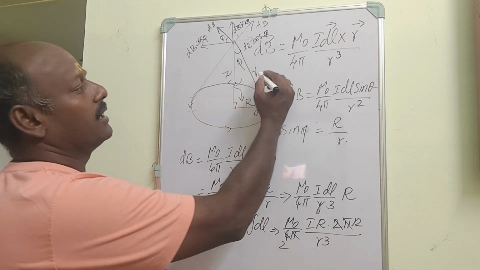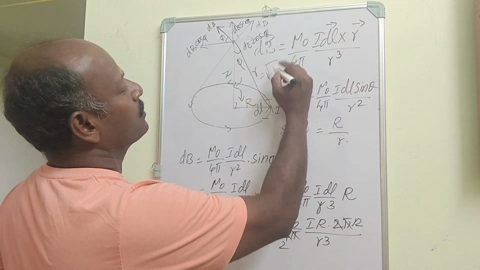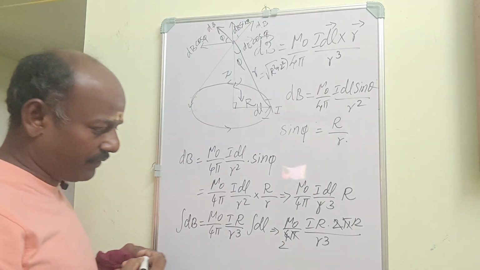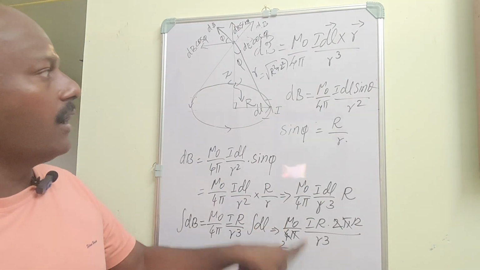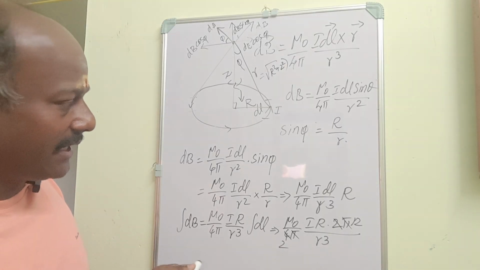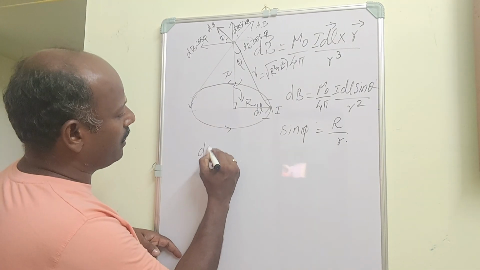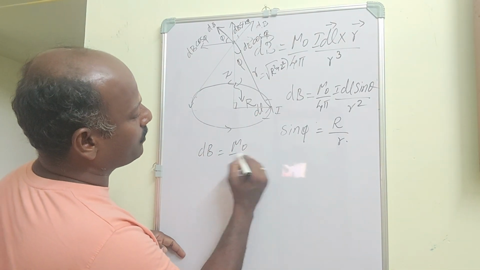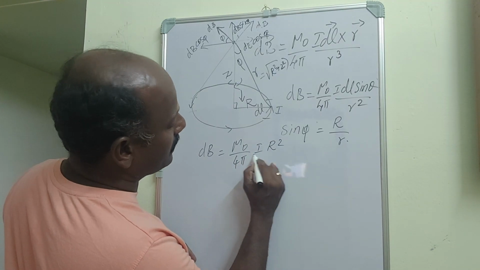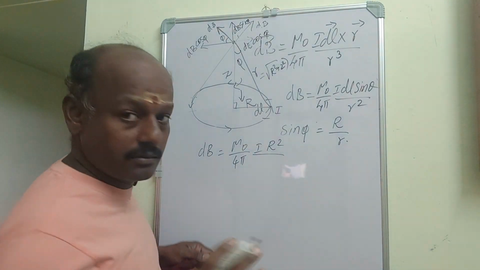Take the value of small r as the square root of R square plus z square. When I substitute the square root of R square plus z square for r, what will I get?